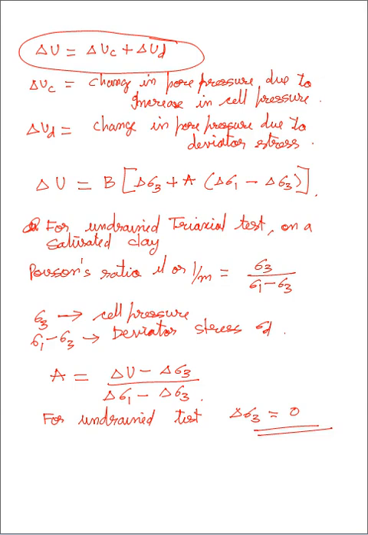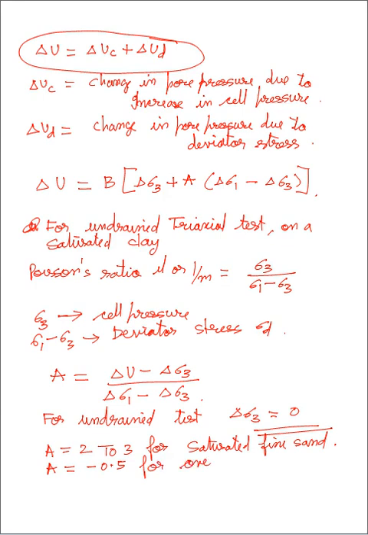Now regarding the values of capital A, keep that in mind also. Capital A is equal to 2 to 3 for saturated fine sand, and the value of capital A is equal to minus 0.5 for over consolidated clay.